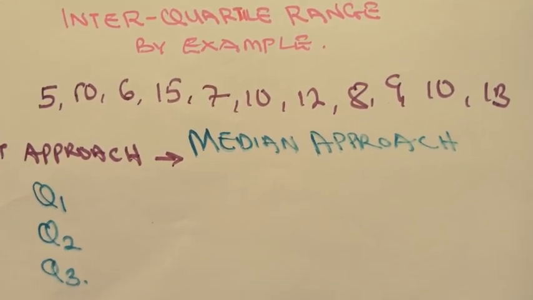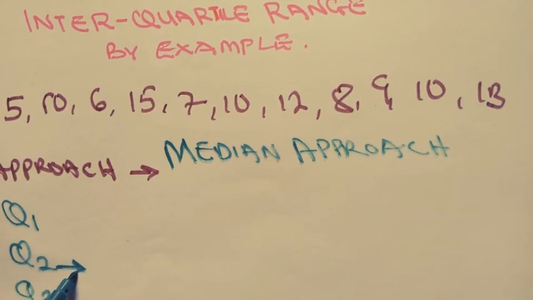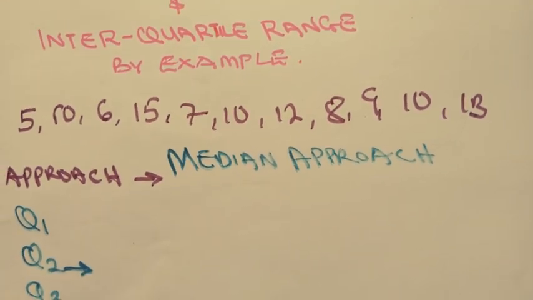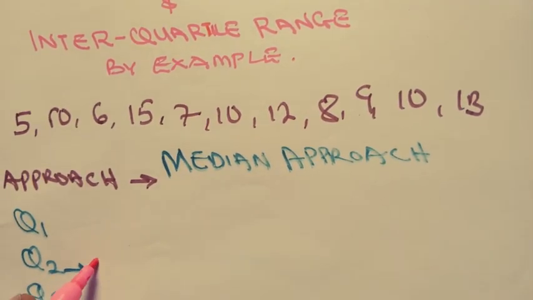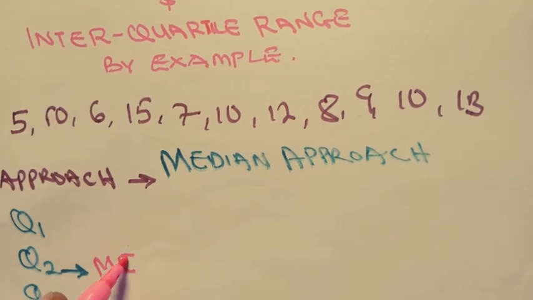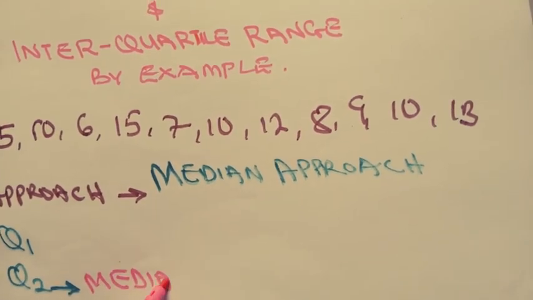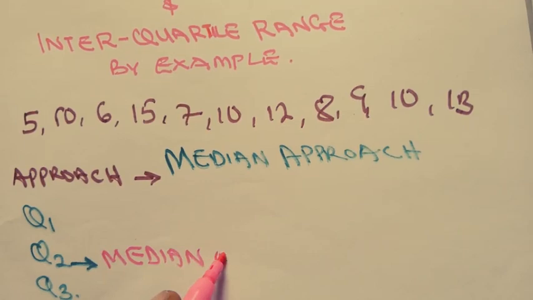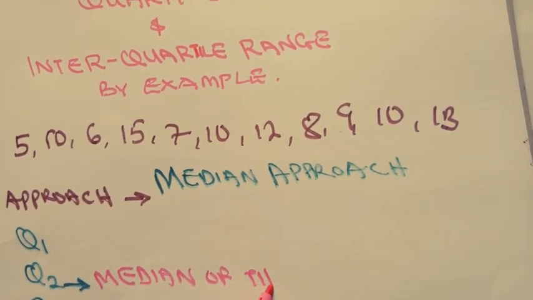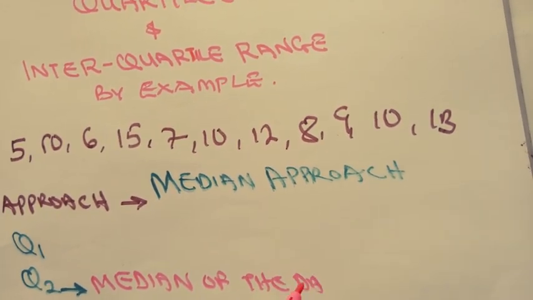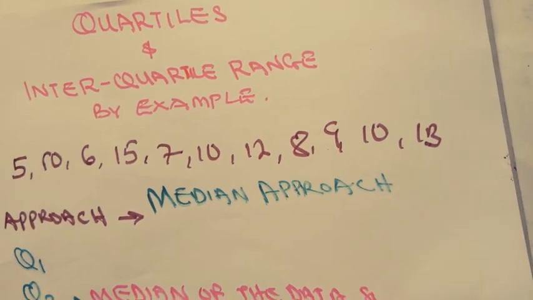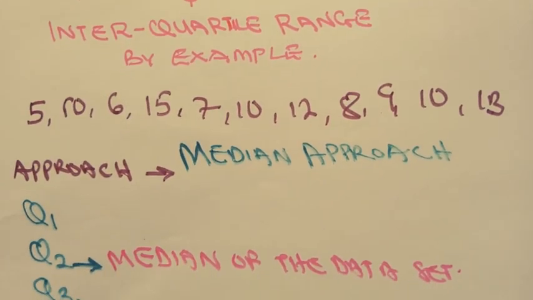So that means we have to find Q2 first. Note that Q2 is the median of the data set.